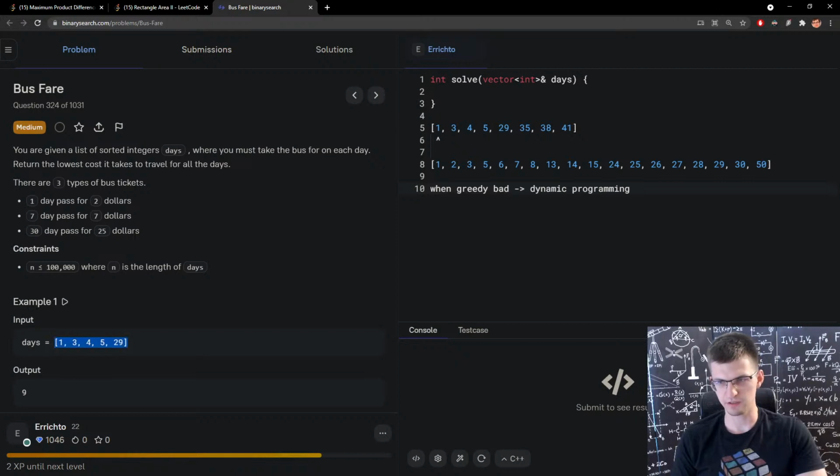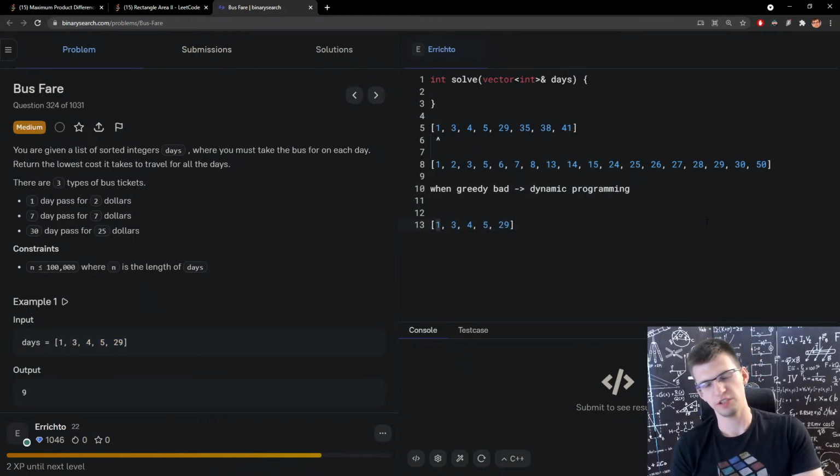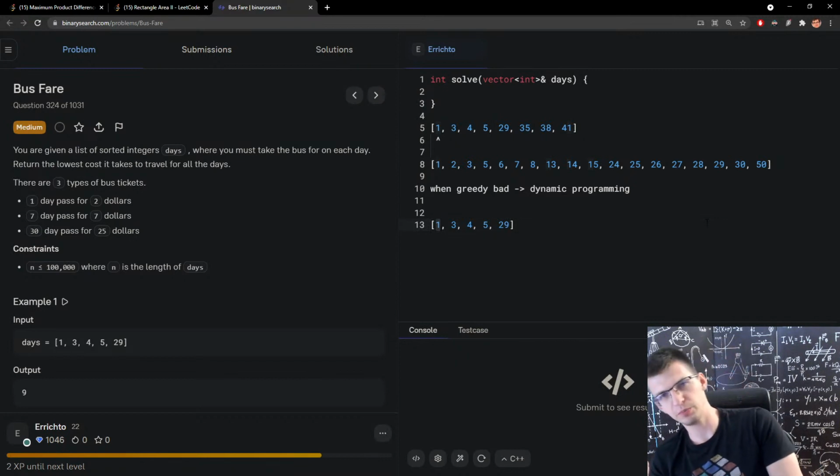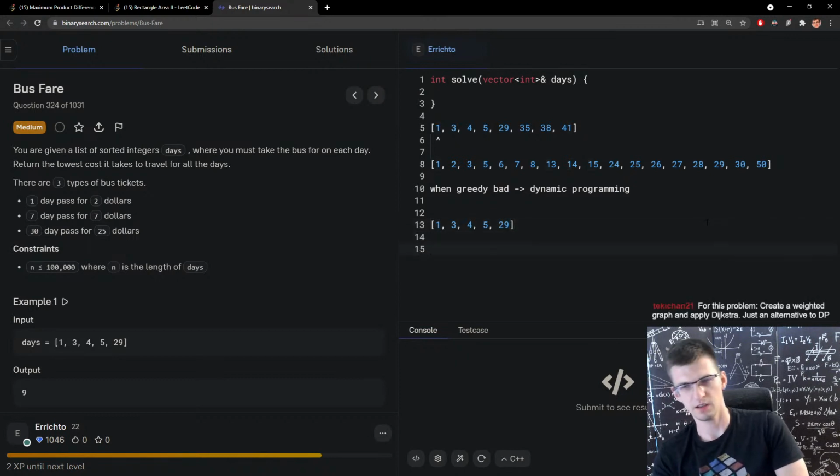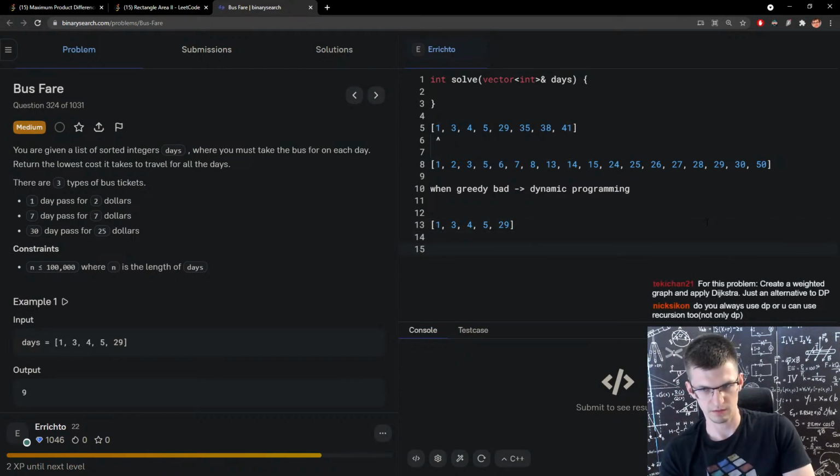Yeah, we have a sequence. And we see a 1. We have 3 possibilities. We buy a 1-day pass, 7-day pass, or 30-day pass. So from this we get information that everything up to day 1 is handled, and that is with a cost of 2.